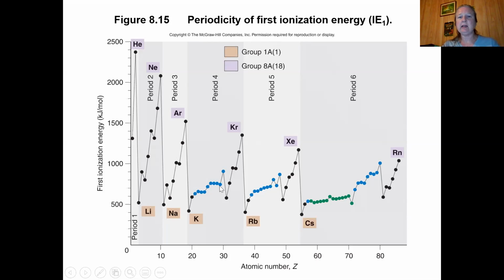It gets a little messier when we get into the d orbitals and add the f. So recognize it more for the first 3 periods. But you always want to look at, when you're wondering what will be the energy to take this action with an atom, whether you're adding an electron or removing an electron or removing 2 electrons, look at the result.